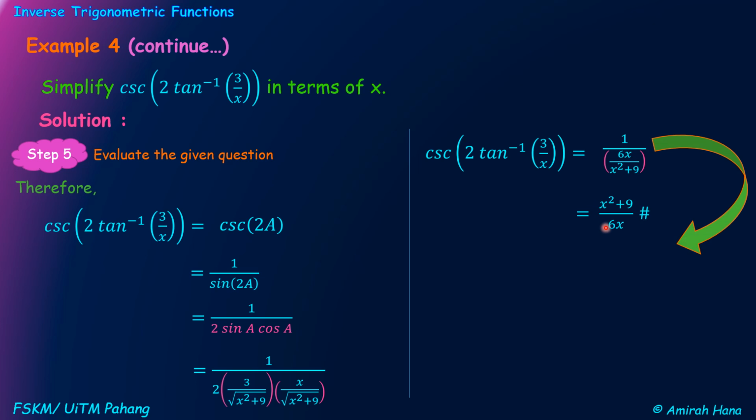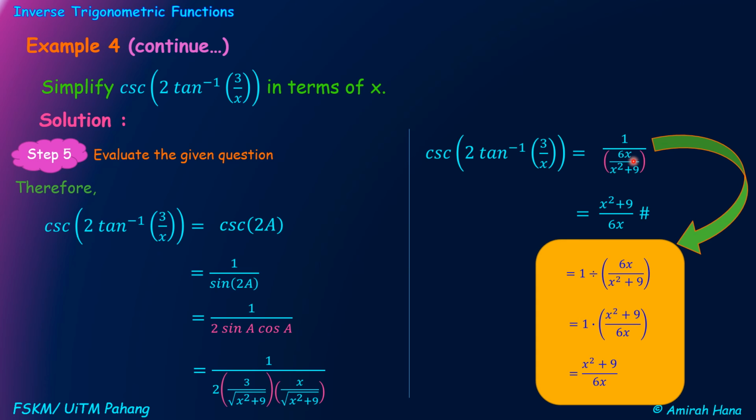Then we simplify, so we get x squared plus 9 over 6x. How do we get this? 1 over 6x over x squared plus 9 means we divide by 6x over x squared plus 9. From division, we change to multiplication, but we exchange numerator and denominator. So we get 1 times x squared plus 9 over 6x.